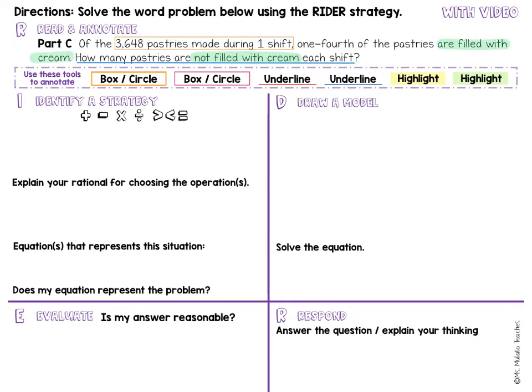So although 1/4 is important, and we are going to box 1/4 of the pastries are filled with cream, we now know that this is going to be 2 steps because at first we're given information about the ones that are filled with cream, but the question is asking about the ones that are not filled.